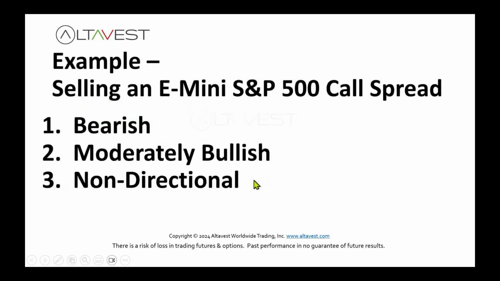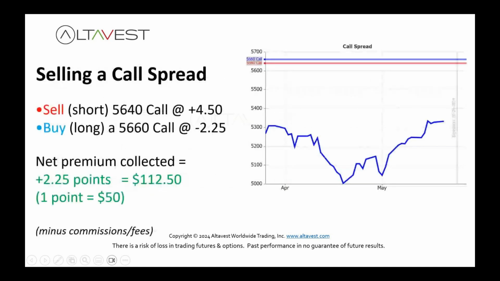And here's an example of selling an E-mini S&P 500 call spread, and we'll get into why we look at the E-mini S&P 500 in particular. But really, the answer in advance is that's where the volume and liquidity is. But here's an example if you're bearish or moderately bullish or just have a non-directional bias. And here's an example where you sell this red line as a call and you buy the blue line as a call.